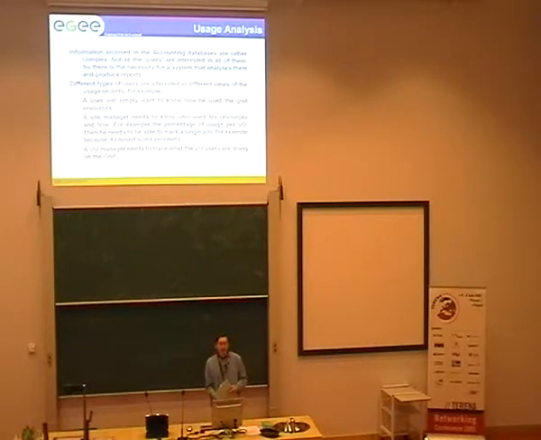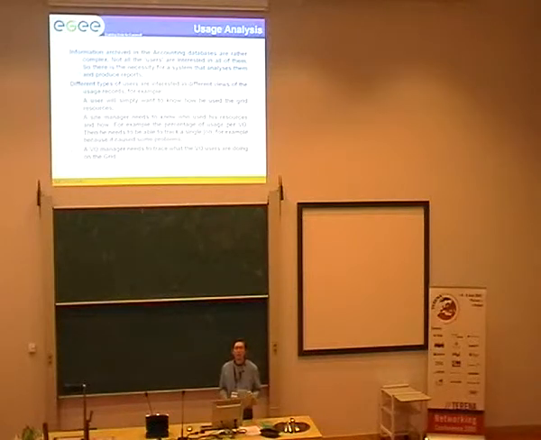After these steps, there is the usage analysis of the user jobs and of the transactions that are occurring. That is, the information archived in the accounting database is very complex. There are many records, many types of information, and not all the users of the accounting service are interested in all the information archived. For example, there are different types of users.